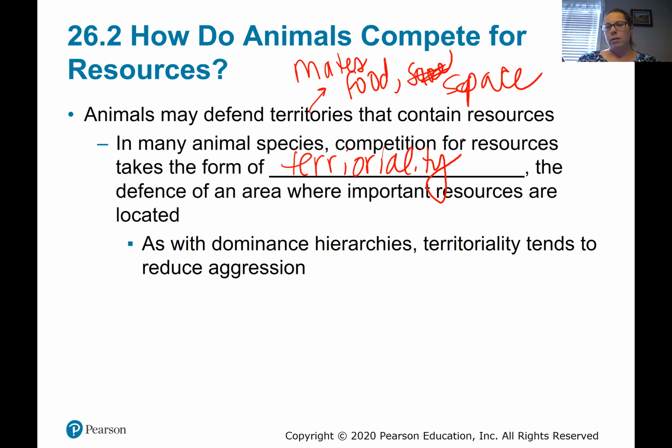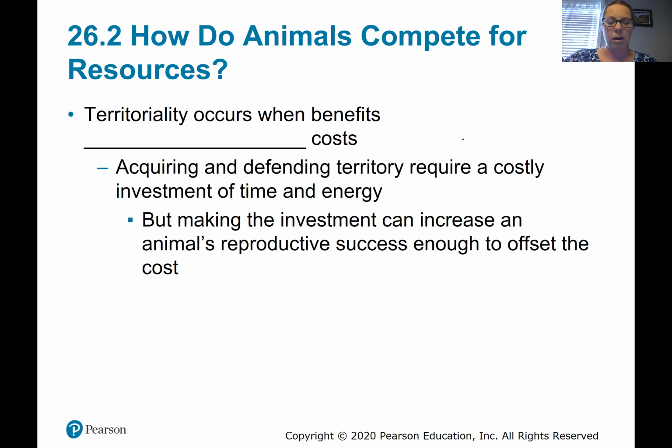Okay, so they go around, they'll mark their territory, like, this is my area, stay out. Now there may be fights over territory, but usually that, for a while anyway, can reduce some of those aggressive interactions.